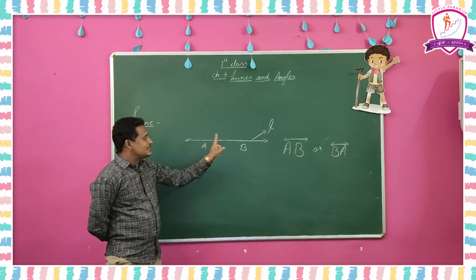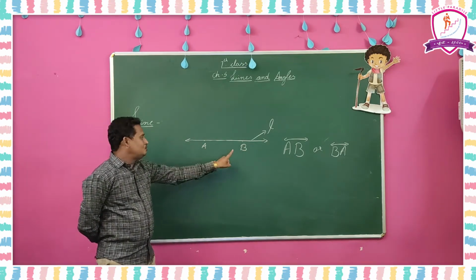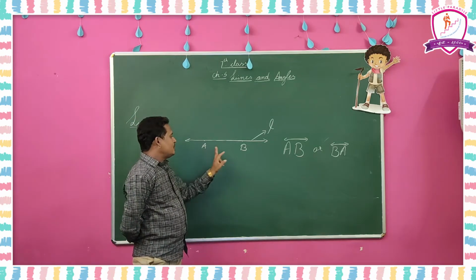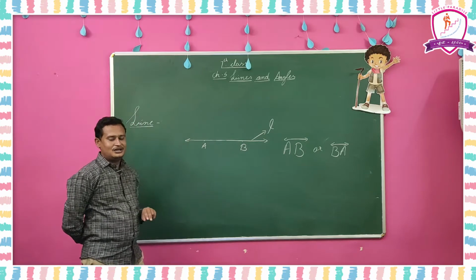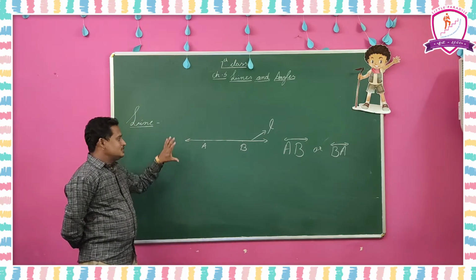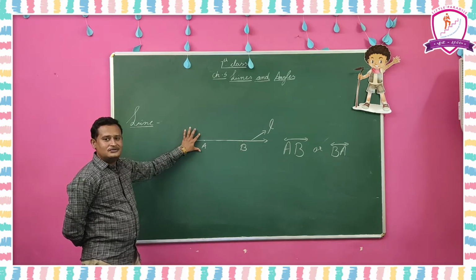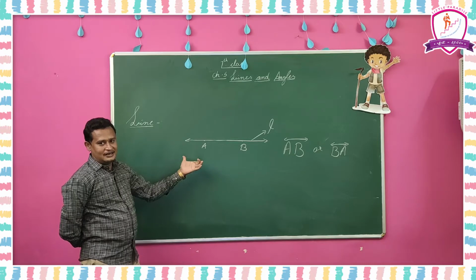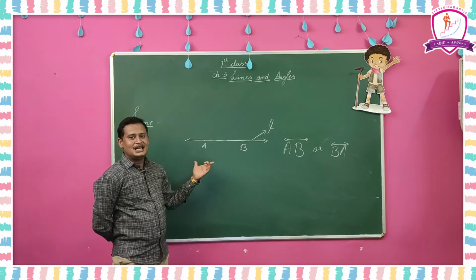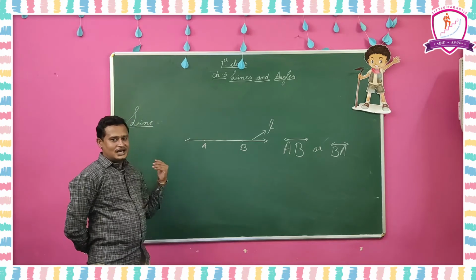If you want to indicate the line with capital letters, you use 2 points: line AB, line BA. This is about the line. A line has no endpoints, so you can't define its length. There is no fixed length for a line, because it is extended in both directions.